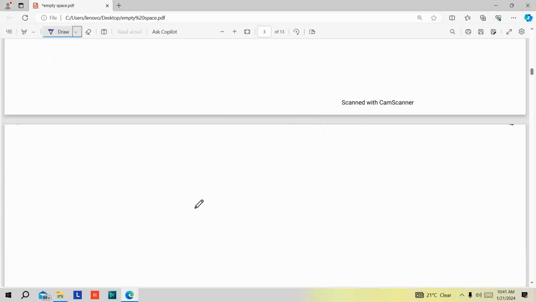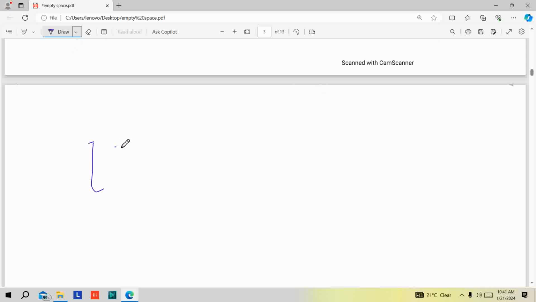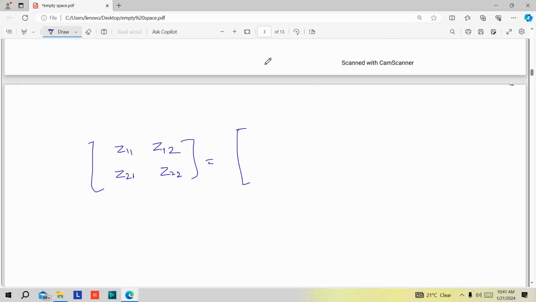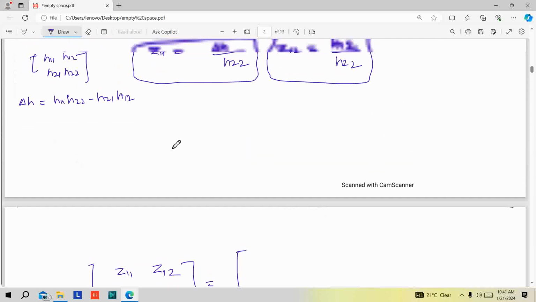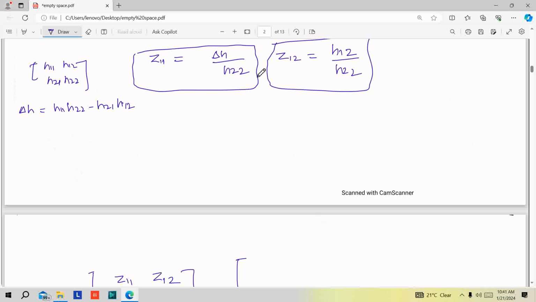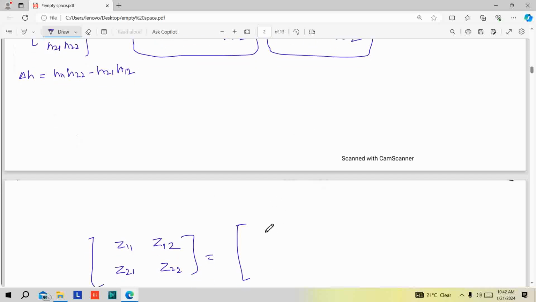So just write a matrix here: Z11, Z12, Z21 and Z22 in terms of H. What is the value of Z11? Delta H divided by H22.